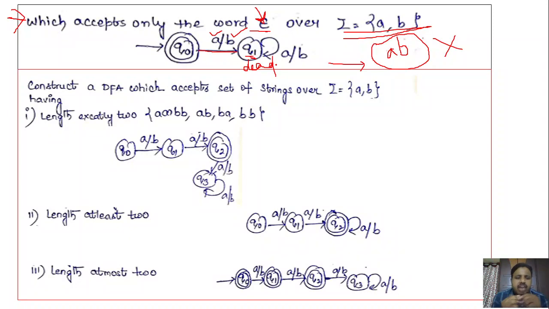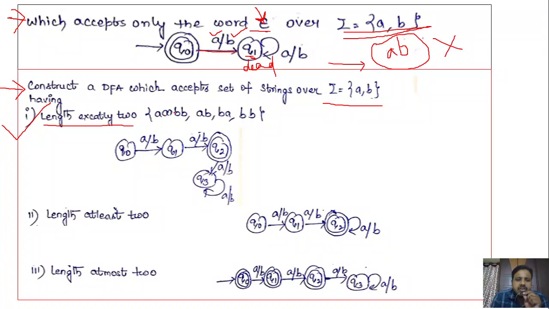So here we have a problem: construct a DFA which accepts a set of strings over sigma equal to {a, b}. We have three parts in this. Part number one, length exactly 2. So here we have to construct the DFA that accepts the set of all strings whose length is exactly 2. Okay. So what are the possible combinations here?